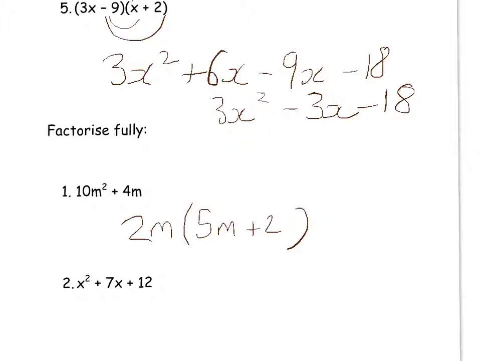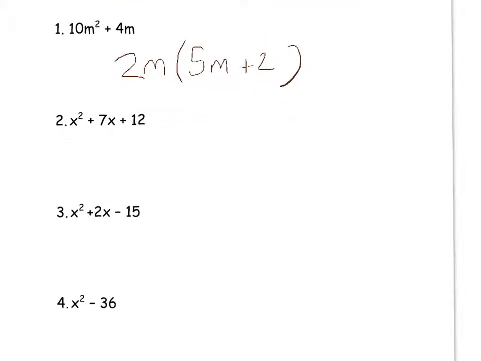Remember when you factorise, you can check that you've got it right by expanding it, and it should get us back to what we started with. So 2m times 5m is 10m squared, and 2m times 2 is 4m. So that's correct. Right, let's move on to some quadratics.